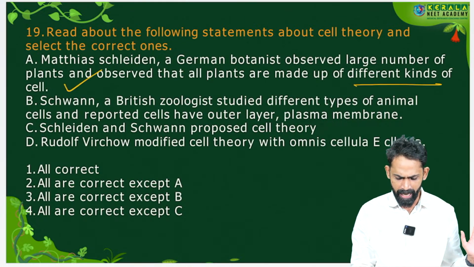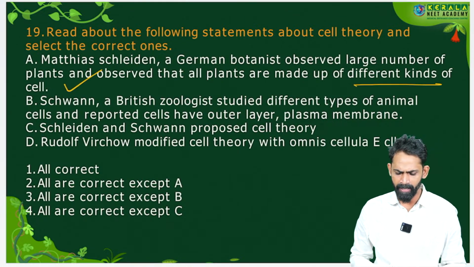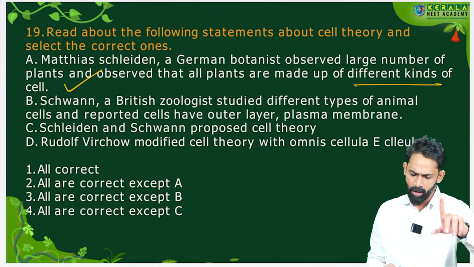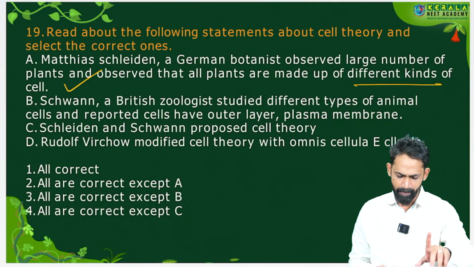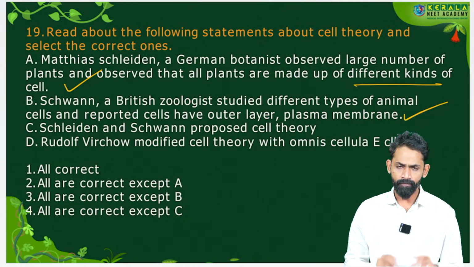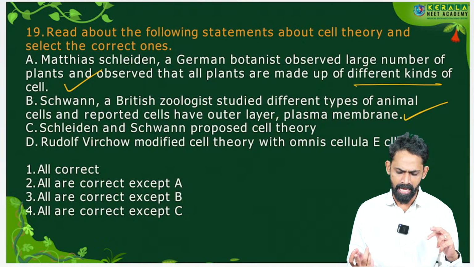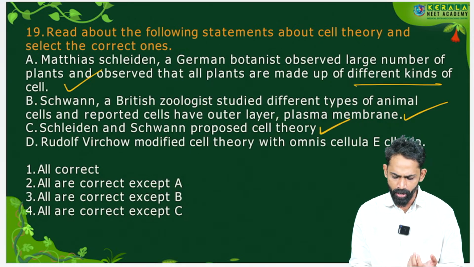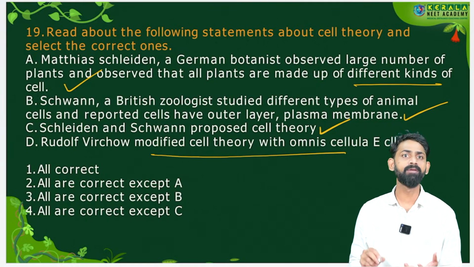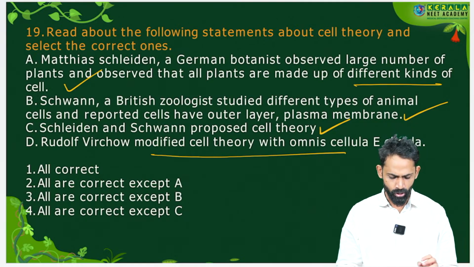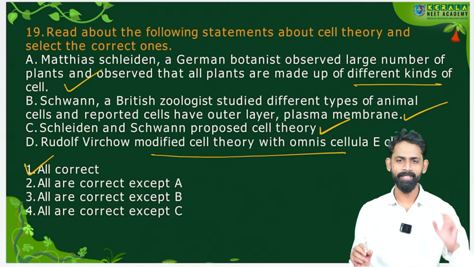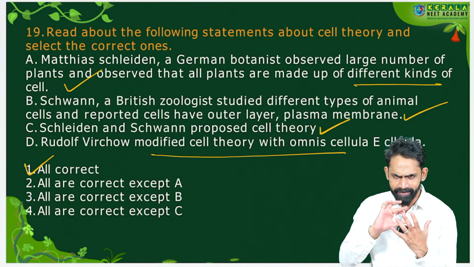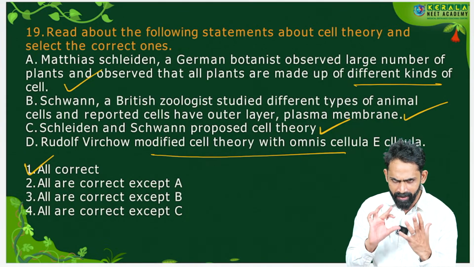That's correct. Schwann, a British zoologist, studied different types of animal cells and reported all having an outer layer, the cell membrane. That's correct. Followed by Schleiden and Schwann, they proposed the cell theory. Rudolf Virchow modified the cell theory: Omnis cellula e cellula. So all statements are true, and that cell theory area is covered.